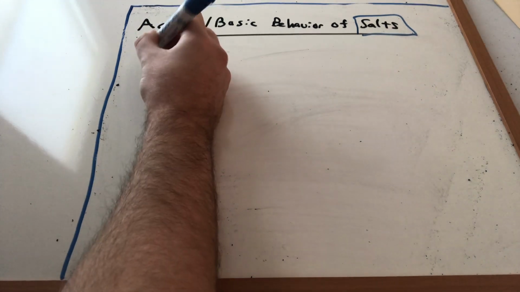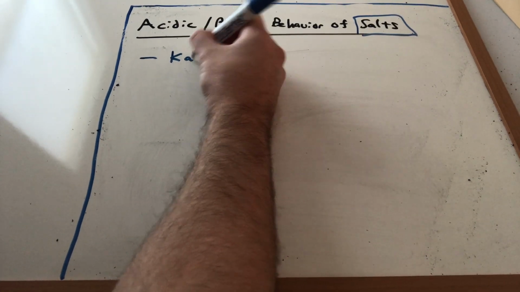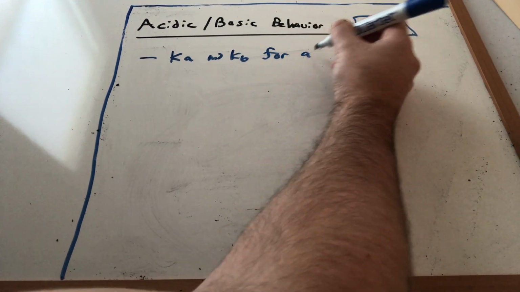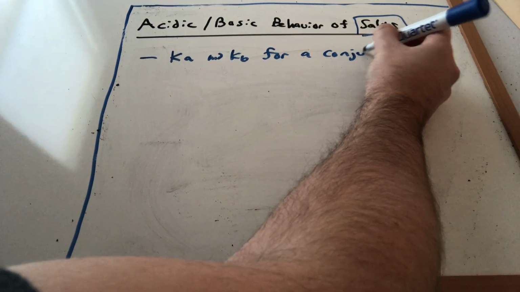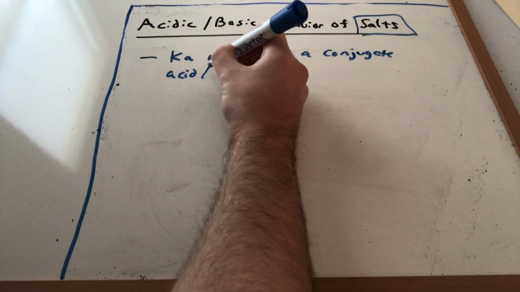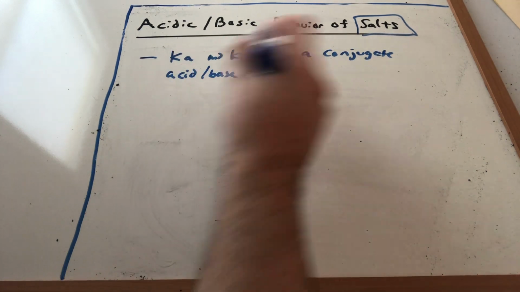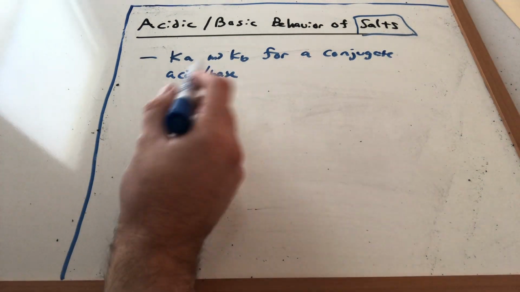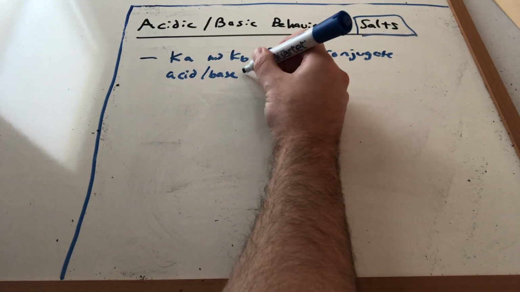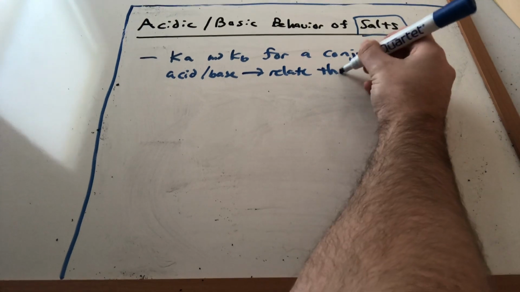Well, what we have to realize is that Ka and Kb for a conjugate acid-base pair, an acid and its conjugate base, or a base and its conjugate acid, relate through Kw.